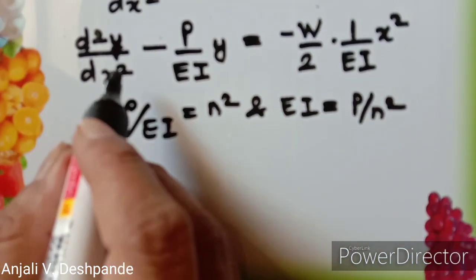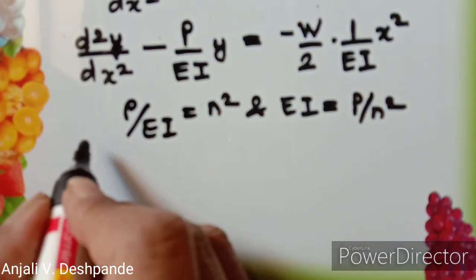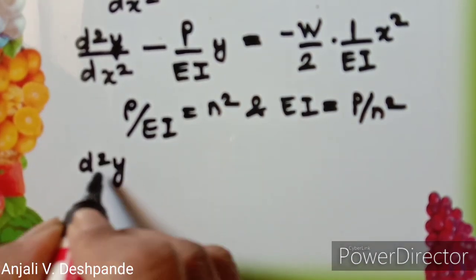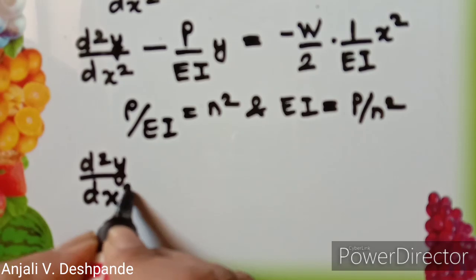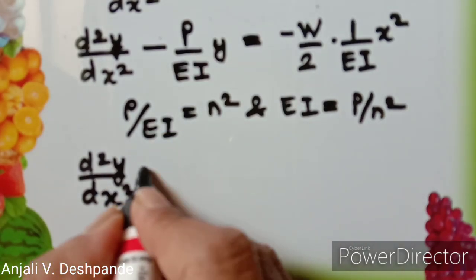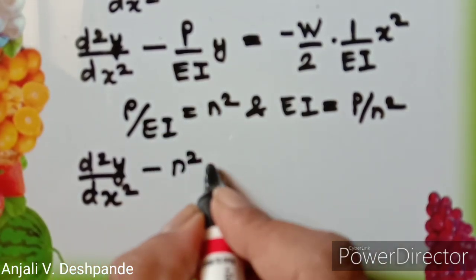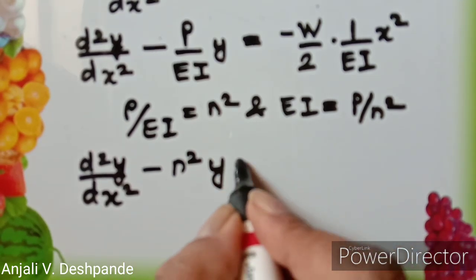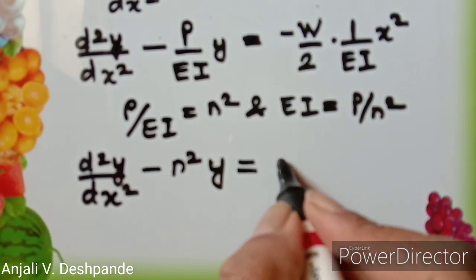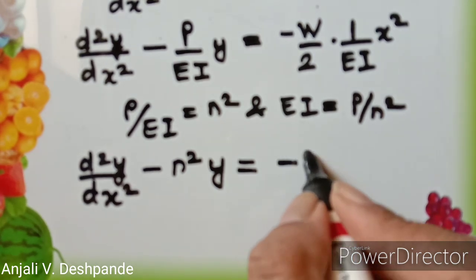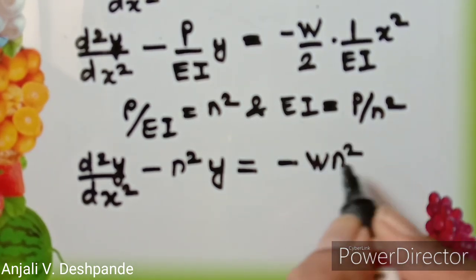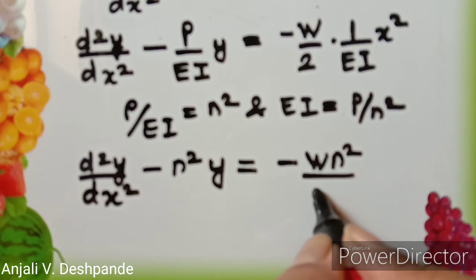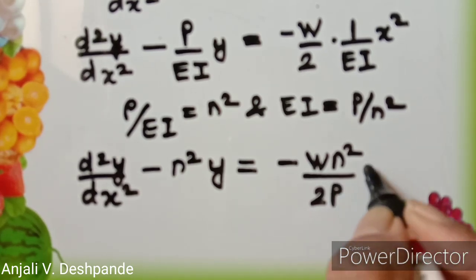So this equation we are now rewriting as d2y by dx square minus n square y is equal to minus w n square upon 2p x square.